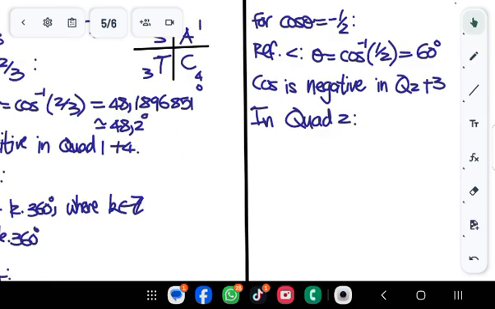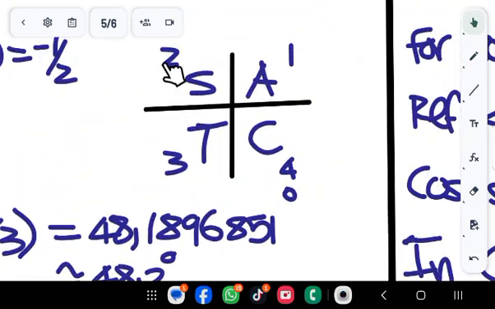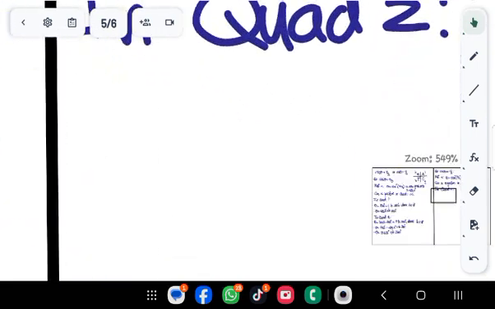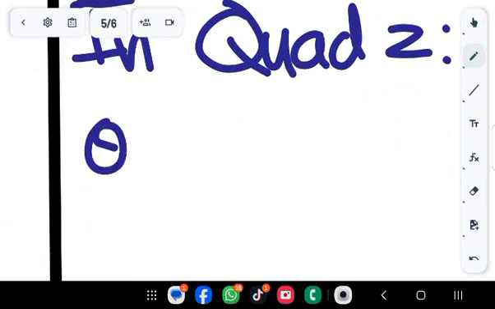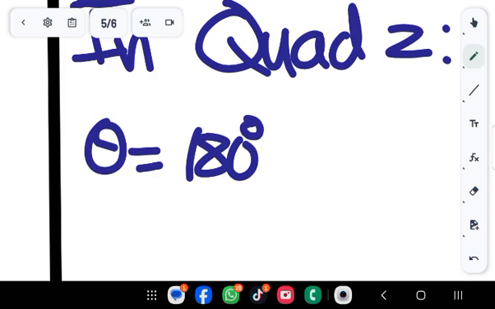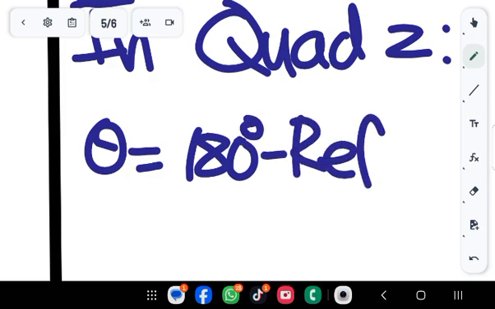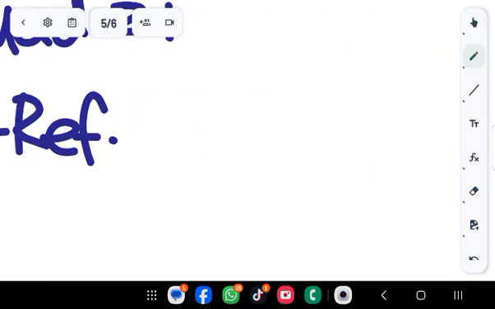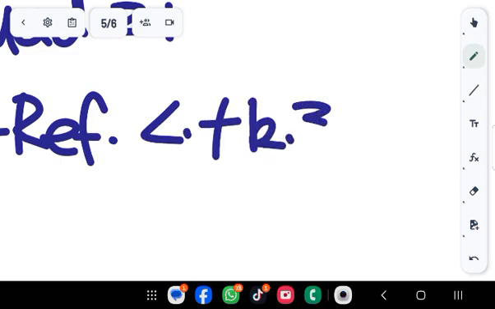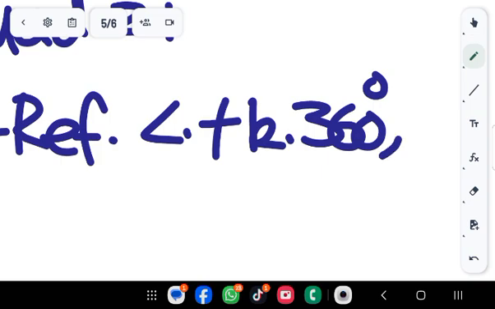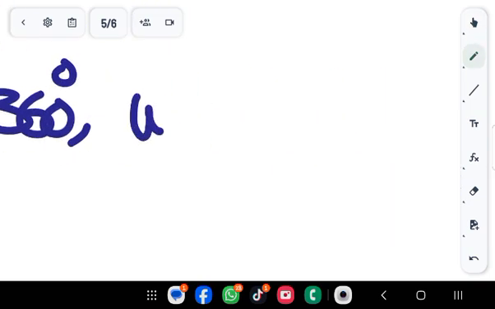In quadrant 2, it's going to be 180 minus the reference angle. Theta equals 180 degrees minus the reference angle plus k times 360 degrees, where k is an element of the integers.